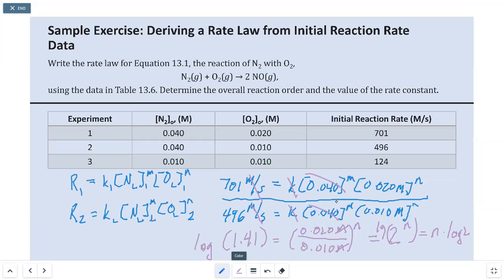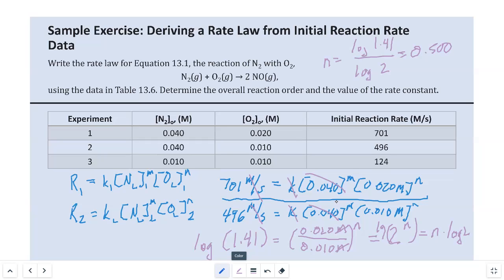And so that means that N is equal to the log of 1.41 divided by the log of 2, which is equal to 0.5.